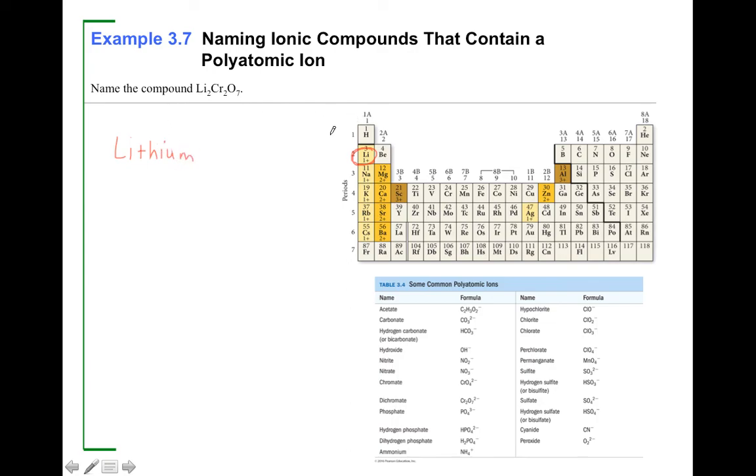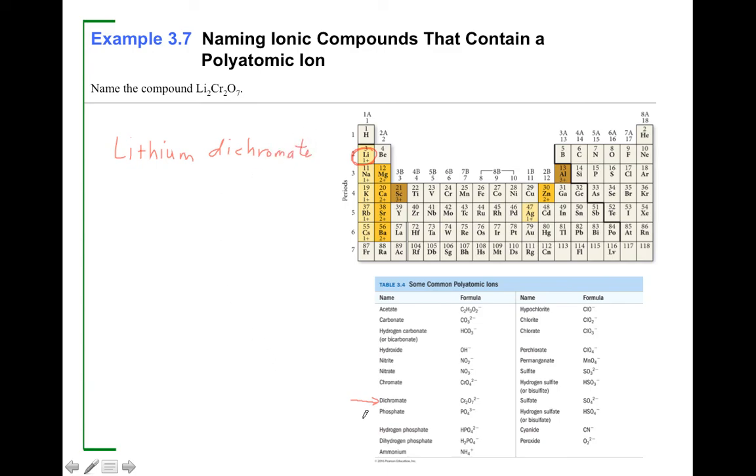So we're naming this. We name the cation first, and it's lithium, right? It's always a +1, so we don't need to say what its charge is. And then we go to the Cr2O7. Now, Cr2O7, again, I'm going to ask you to pretend like you know this, so you have to scan through this list and look for it. It's right there, and it's dichromate. You see that?